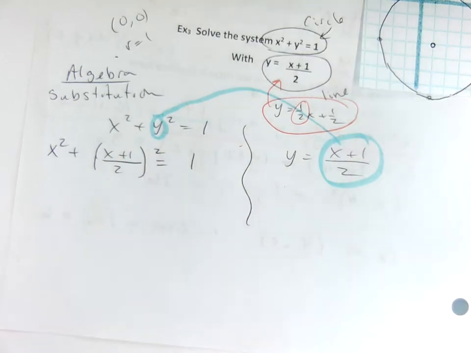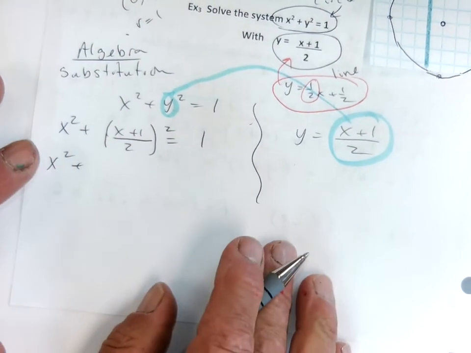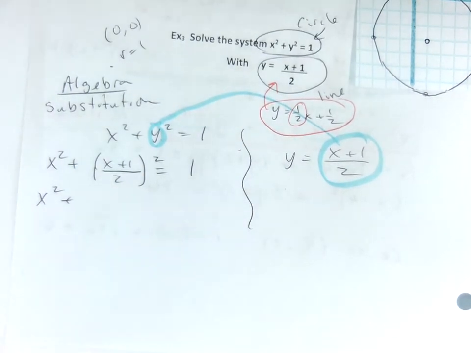Okay. Now I've got some work to do. I can do this. So I'm going to go x squared plus, okay, a little side work. I'll put a little side work on the board, which I know you'll see. All right, ready? x plus 1 times x plus 1 is x squared plus 2x plus 1. Agree? Agree.